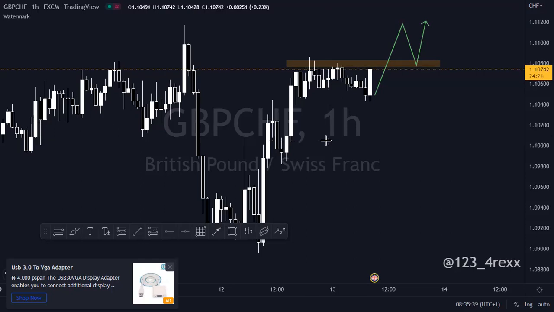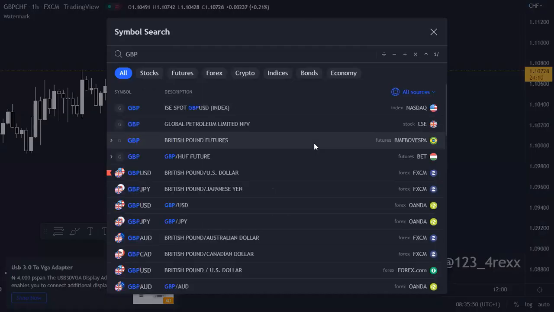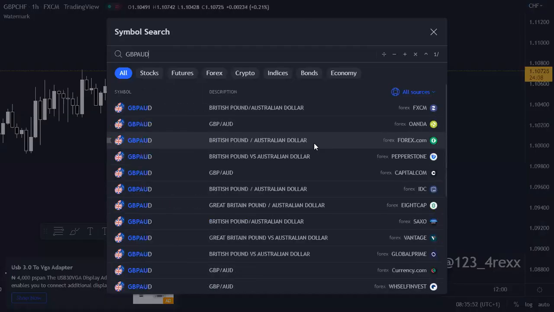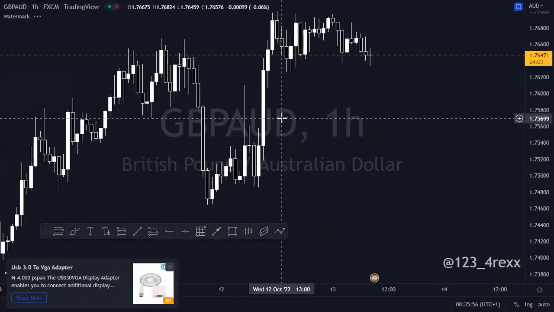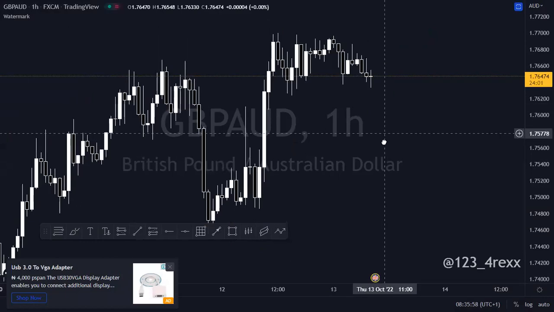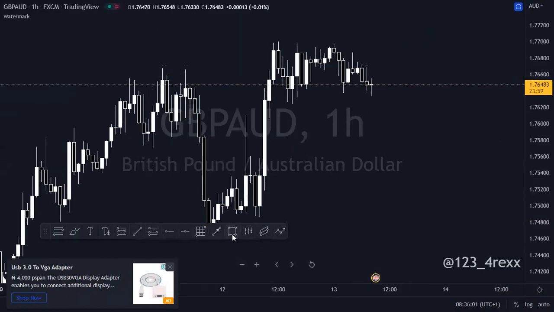So someone said GBP AUD. That's a cross pair. And you guys know I don't really like cross pairs. Let's take a look at this. GBP AUD. What do we have here? Now, I'm not going to say anything about this pair.